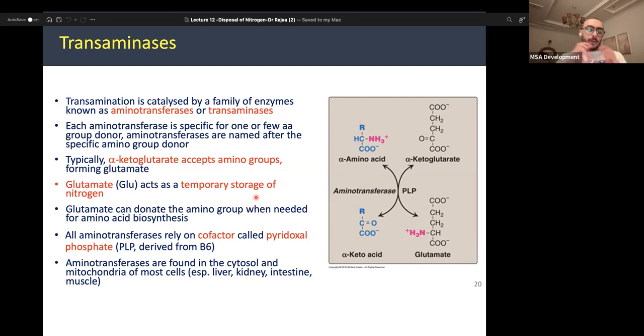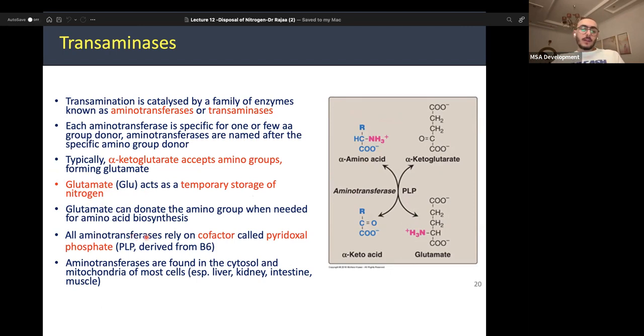No, it's just a temporary storage that will take the ammonia and complete the process of getting rid of it. I remember we got a question about this, that's why I'm emphasizing it. It's glutamate, not glutamine. It's glutamate, which is glutamic acid.